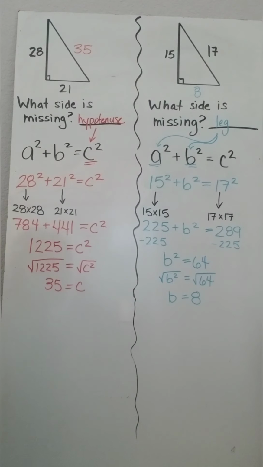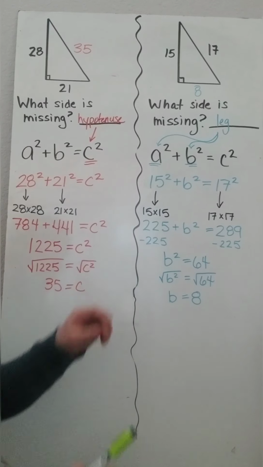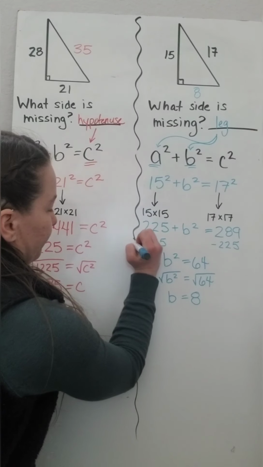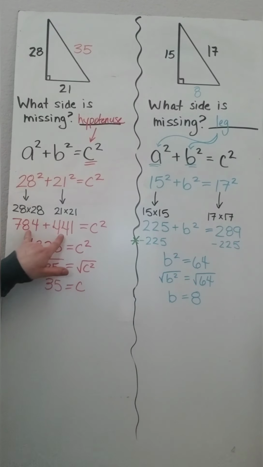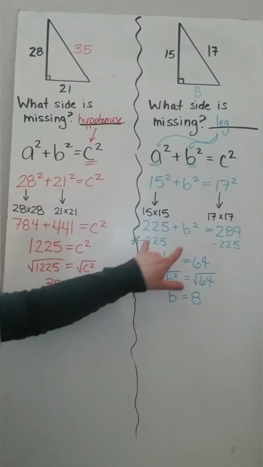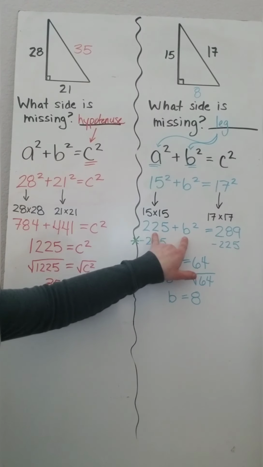Now, before I move on, I just want to show the differences between these two examples. The work is pretty much the same except for this step right here. If you look at this example, we had both of those values on this side of the equation, whereas in this example, we didn't.